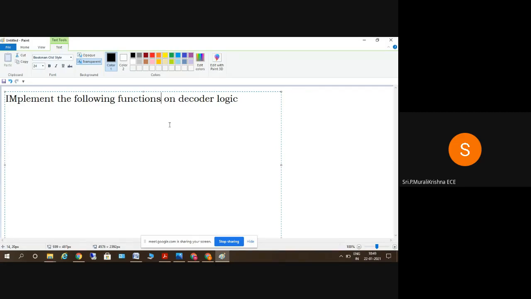Okay, so the functions will be like this.